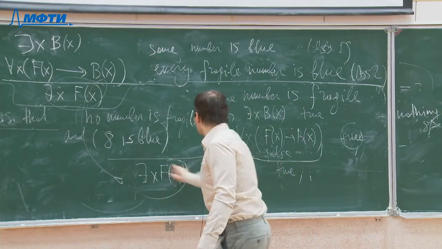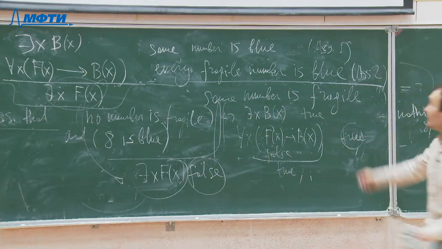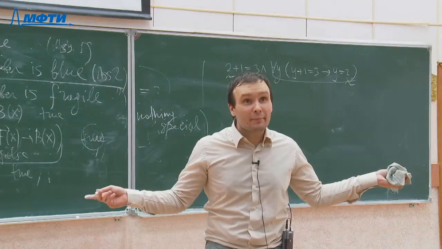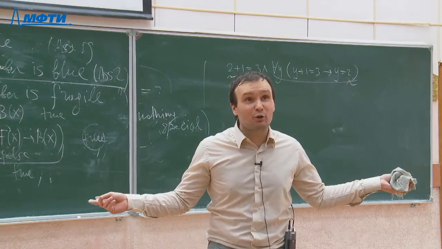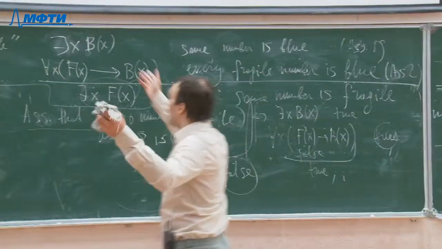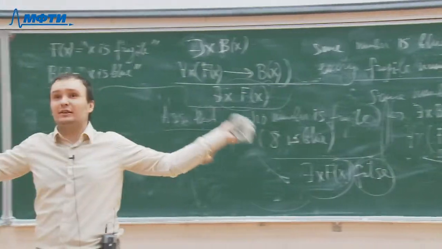False. So we have constructed a situation where both assumptions are true, but the conclusion is false. So it is not the case that whenever both assumptions are true, the conclusion is true as well.